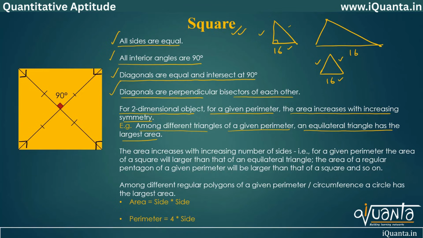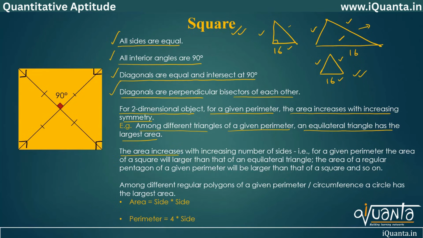So this is not as symmetrical as an equilateral triangle. Similarly, in this particular figure, if we assume that the length of all these sides is different, we can say that this is the most unsymmetrical or asymmetrical figure. So this will have the least area. So the higher the symmetry for a given perimeter, the larger its area will be.